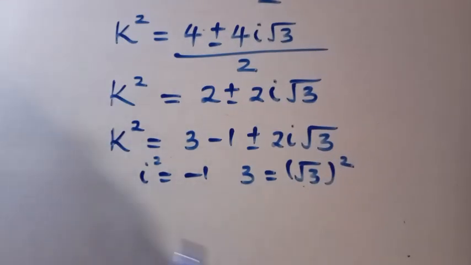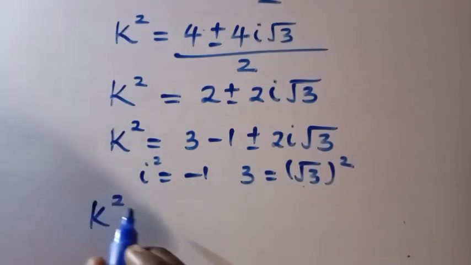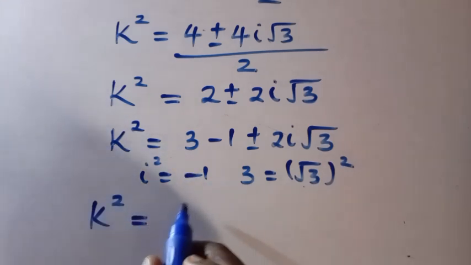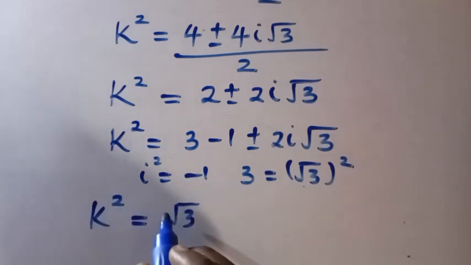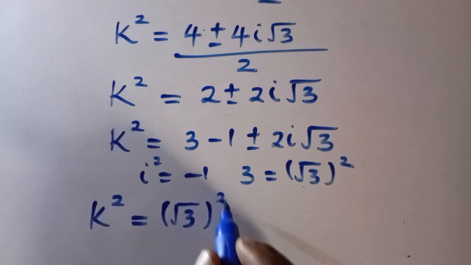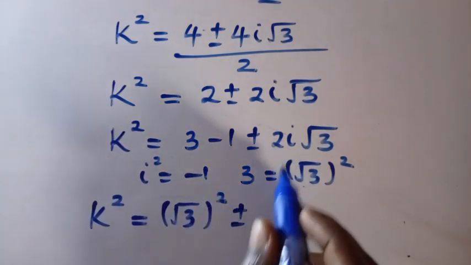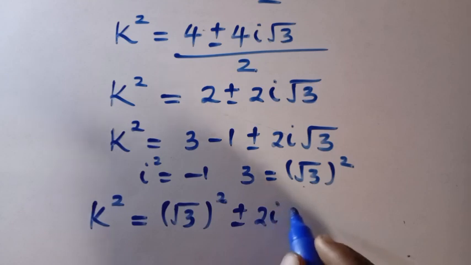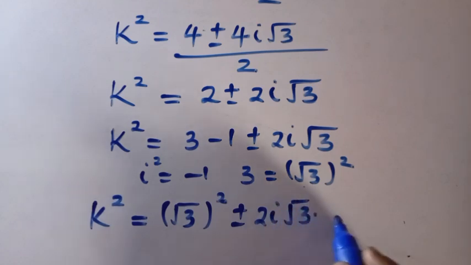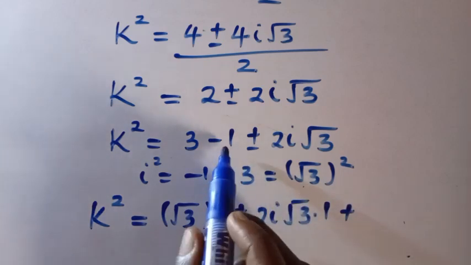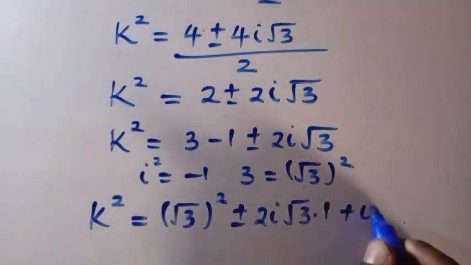So then we have k squared equals square root of 3 raised to the power 2. I want to hold this one first. So plus or minus, and this one is like 2i multiplied by square root of 3 multiplied by 1. Then plus, instead of this minus 1, we consider it as i squared.